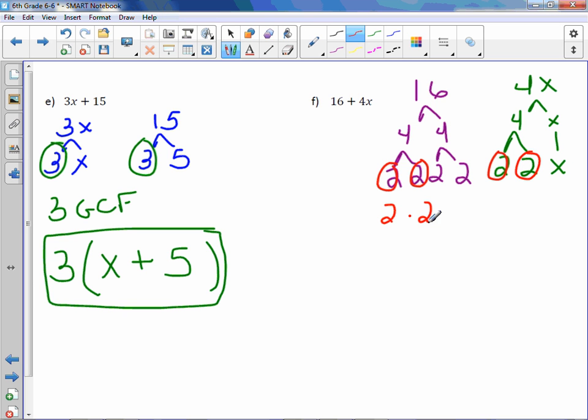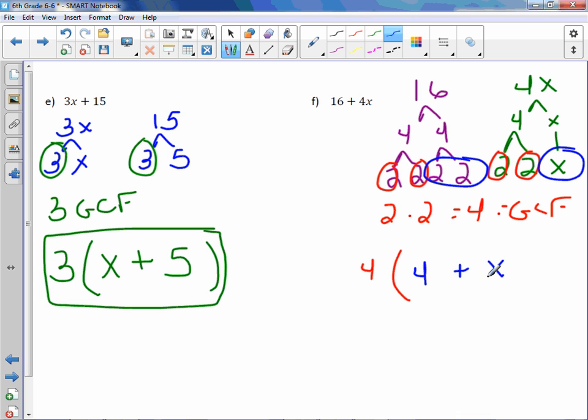So our GCF is 2 times 2, or 4, which goes outside the parentheses. And remaining on the first tree is 2 times 2, which is 4. And remaining on the second tree is just x. So 4 times the quantity 4 plus x.